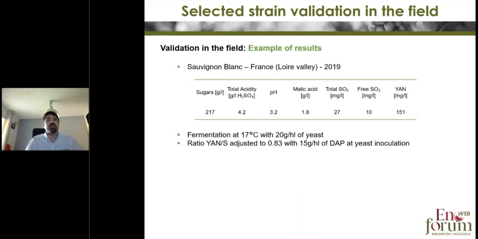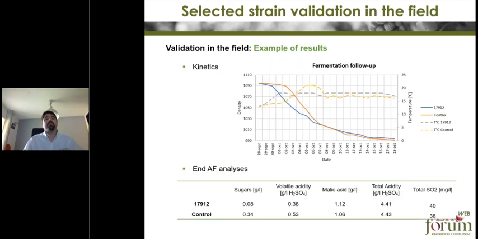Then I will illustrate and finish with an example of results. So it was again on Sauvignon Blanc in the Loire Valley. We fermented at 17 degrees C with 20 grams per hectoliter of yeast. And this is what we had at the end of the fermentation. If you see the kinetics of the 17,912 in blue here, compared to the kinetic of the control yeast, we had quite a short lag phase and fast fermentation.